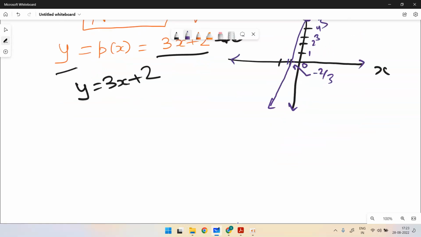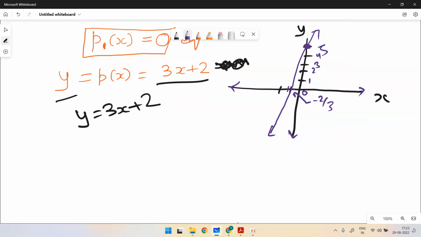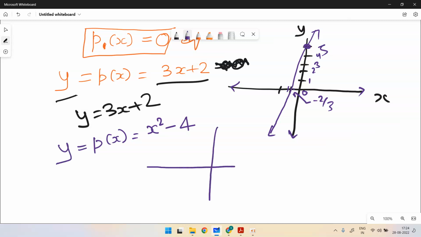Now what is px in the form of x square minus 4? You equate it, and px equal to this, and you equate this to y. What it will symbolize is this.